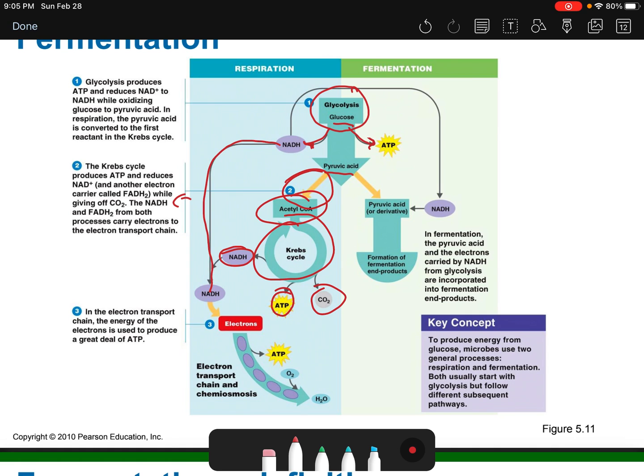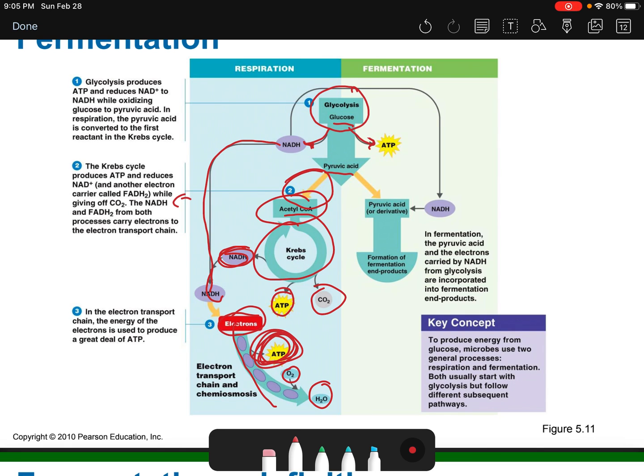Those electron carriers from glycolysis and from the Krebs cycle go to the electron transport chain, and that's where we get most of our ATP being produced. We also have oxygen as our terminal electron acceptor that is combined with those hydrogen ions to form water, which is another one of our end products.